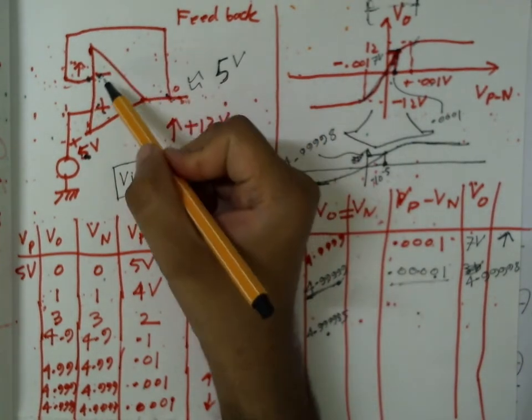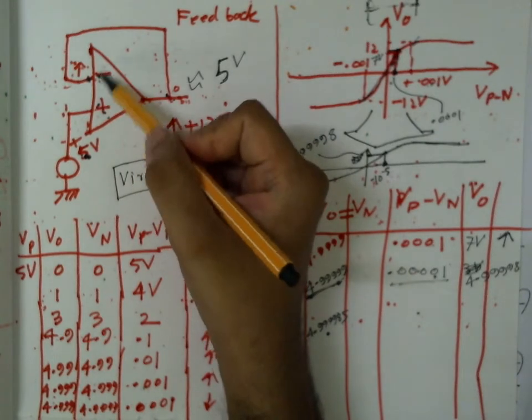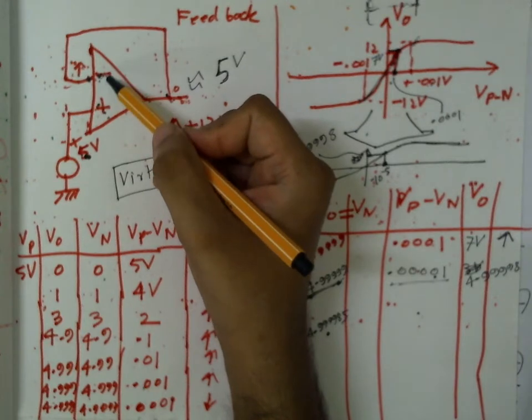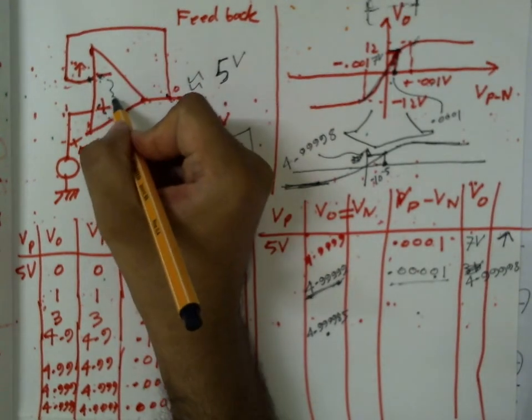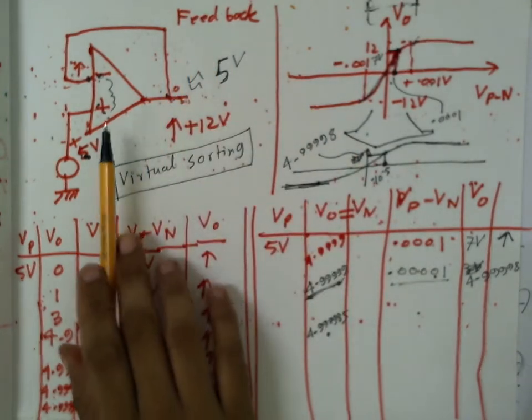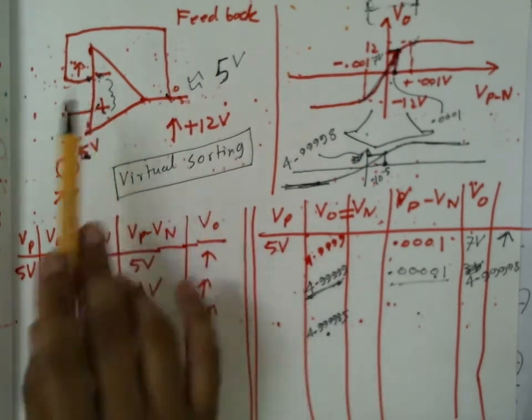So as if these two terminals, so that means these two terminals are always almost at the same potential, as if they are internally sorted, virtually sorted. Okay, so that's why we call this a virtual sorting.